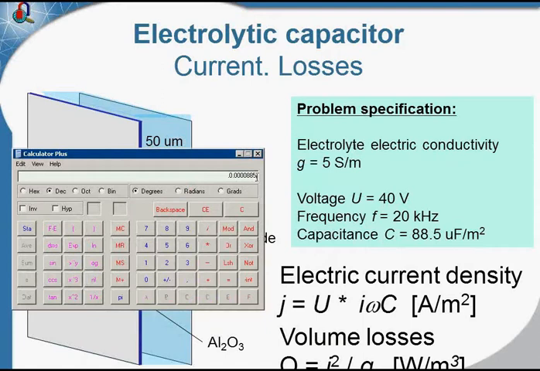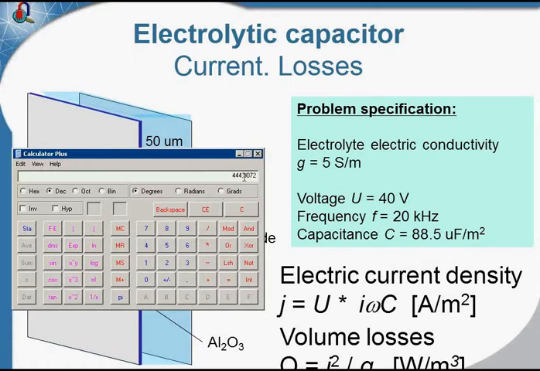So this is the capacitance in farads per square meter, times the voltage, times 2 pi and 20 kilohertz.